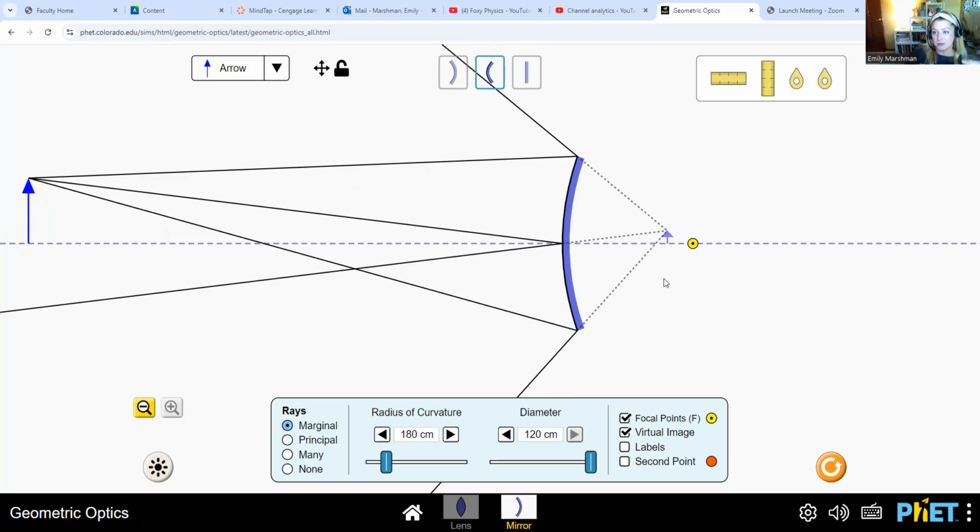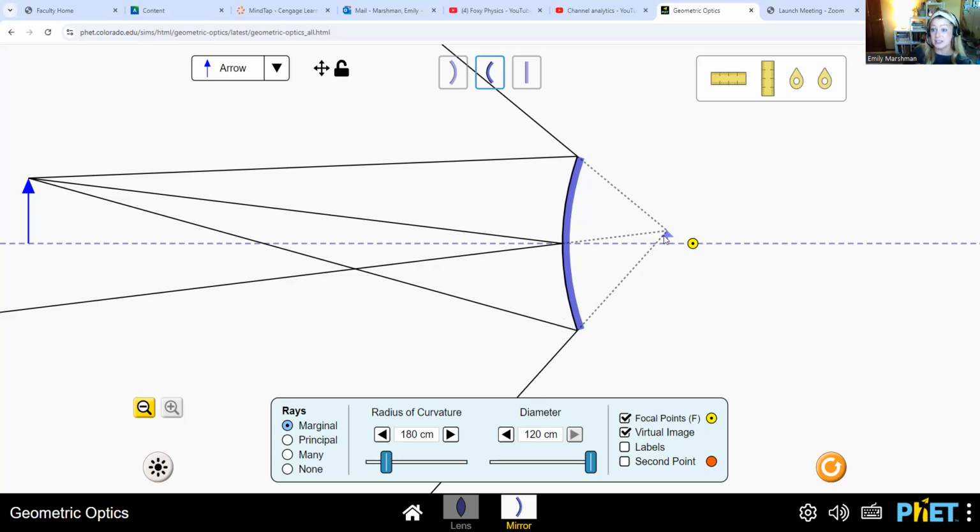Other examples of these kinds of mirrors are the mirrors on your car. Your side view mirrors are a little bit convex. They give you a wider view frame because of their curvature. But on the bottom, they say objects in the mirror are closer than they appear. Why? Because a convex mirror makes things look smaller than they actually are.